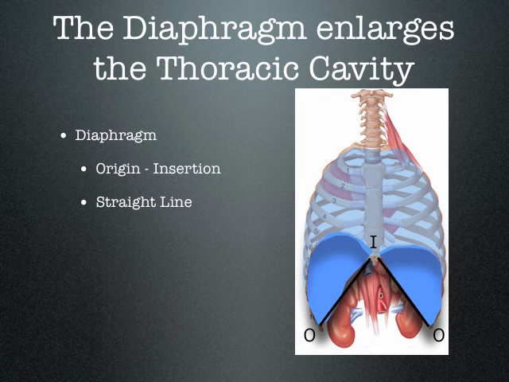Now, when I contract the muscle, it comes down, it flattens. Now, all of this space becomes part of this up here, doesn't it? The amount of space up here in the thoracic area gets bigger as the diaphragm comes down towards the abdominal cavity. Now I've got this much airspace in my thoracic cavity, and that's going to suck air in.